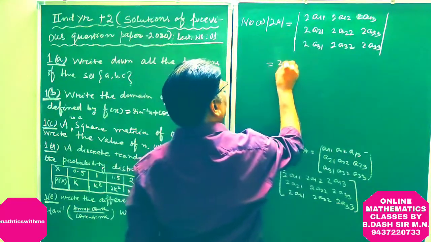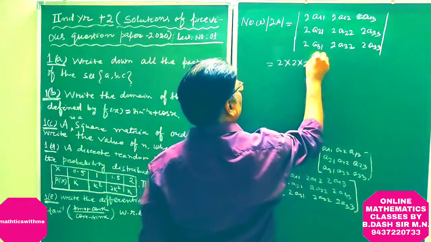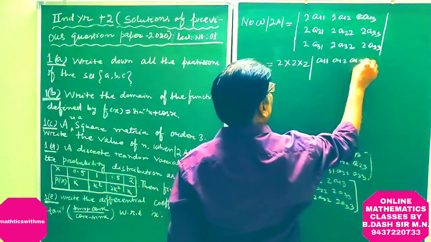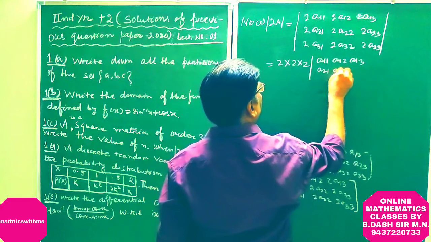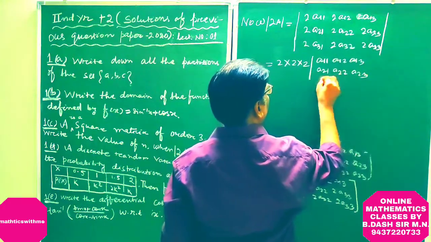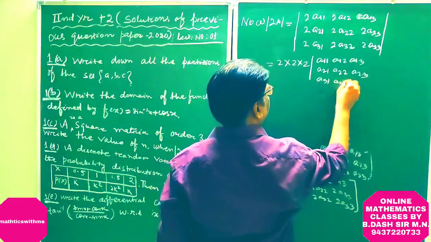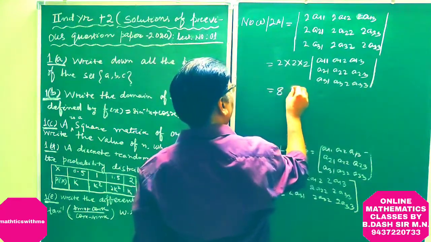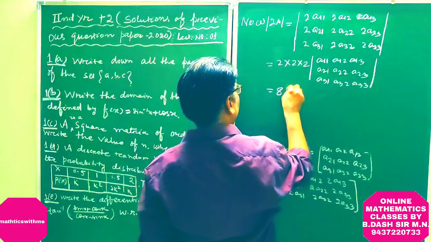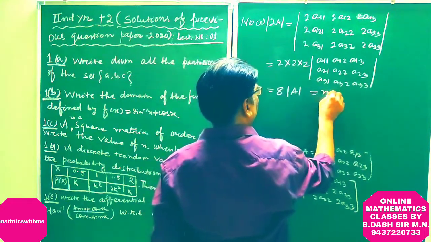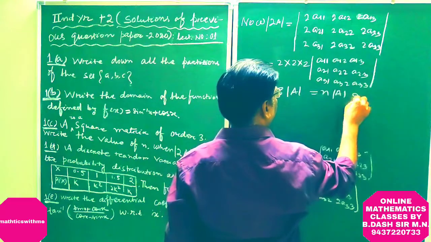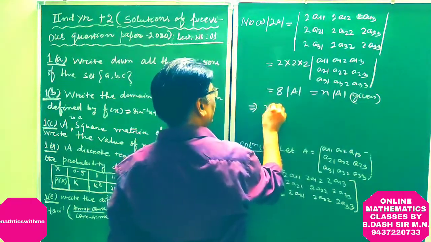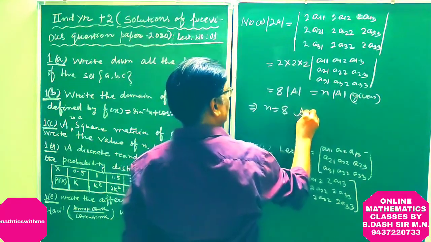So this is equal to 2 into 2 into 2 times the determinant of A, which is 8 into determinant of A, equal to n into determinant of A, as given. So this implies n is equal to 8. Answer.